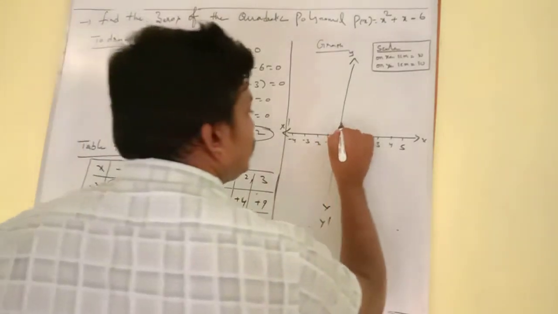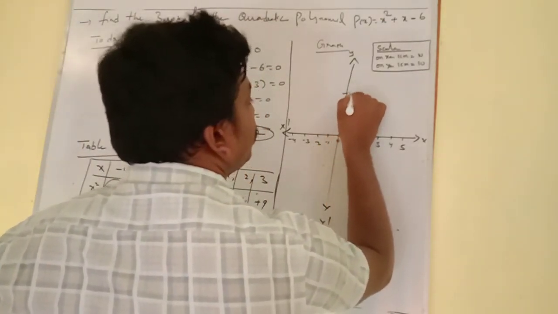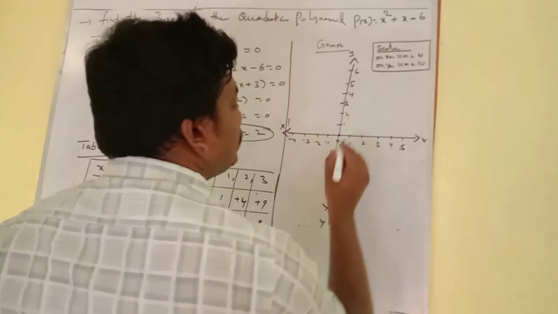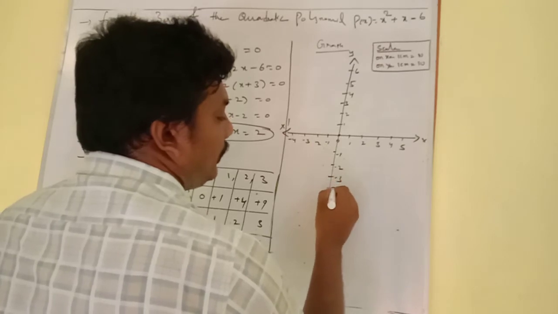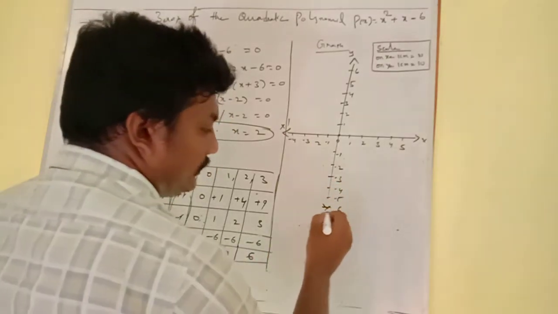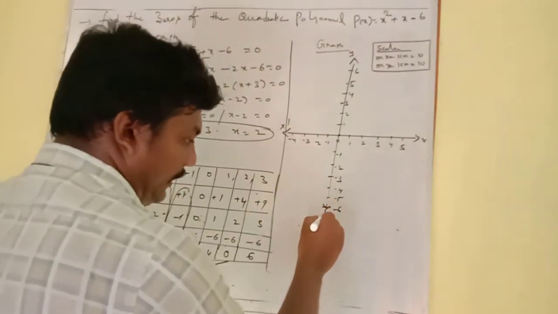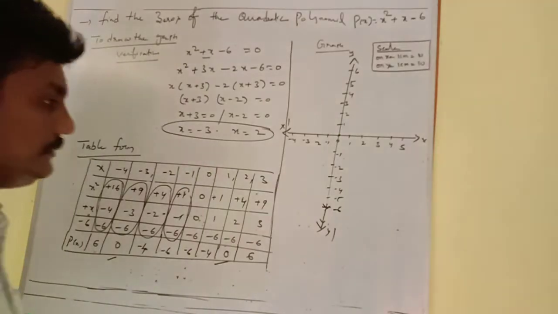So we take 1, 2, 3, 4, 5, 6, and minus 1, minus 2, minus 3, minus 4, minus 5, minus 6. If you want, you can extend this value on y dash.